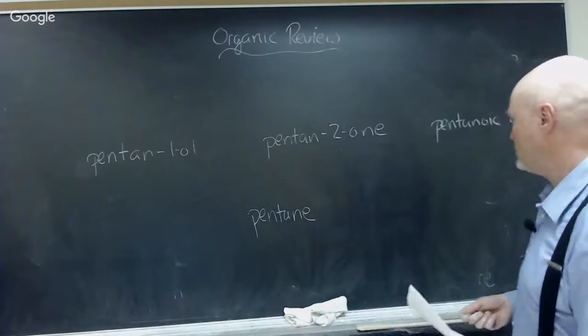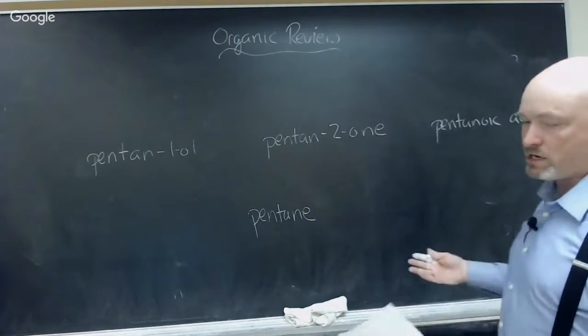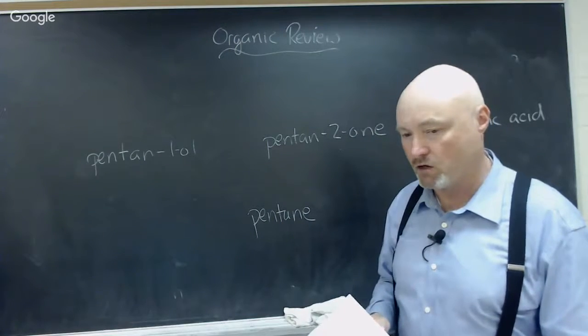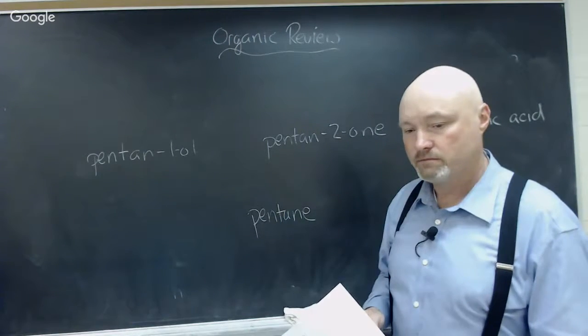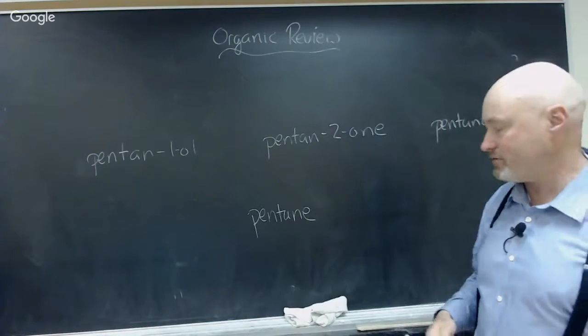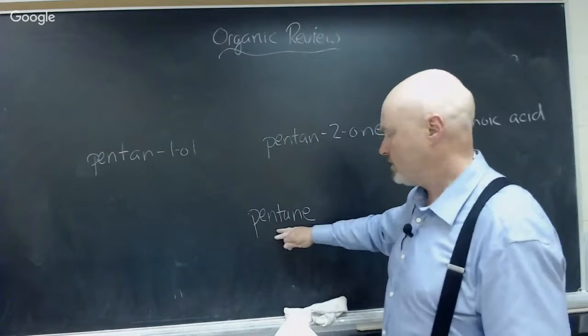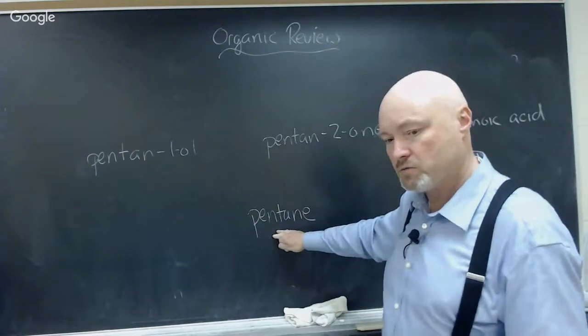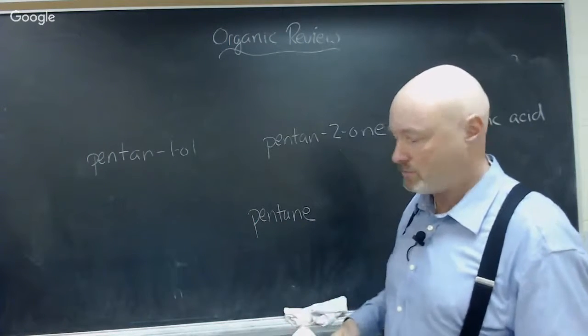Okay? So which one has the weakest intermolecular forces out of all these? Pentane would. Exactly, pentane. It's all carbons and hydrogens. There's not really very much intermolecular force. I think this is actually kind of a liquid at room temperature, but heated up, it disappears right away.